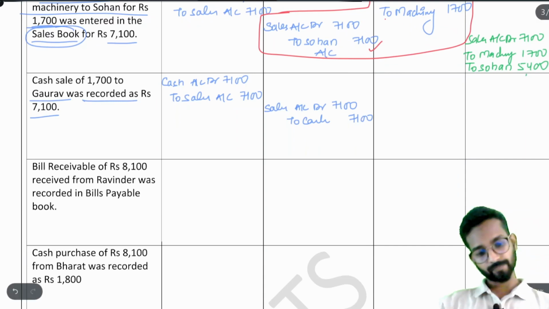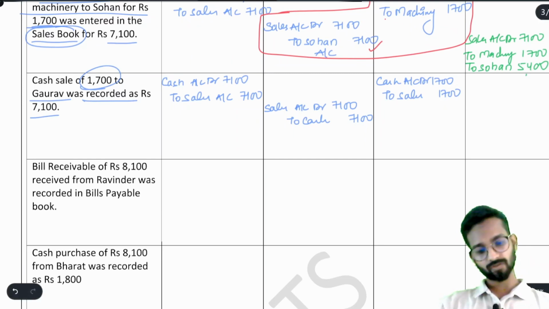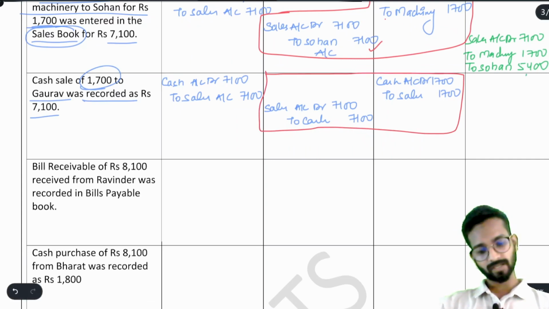Okay, now what's the correct entry? Cash sale was of 1700, so I will write here cash account debit to sales 1700. So this is the reversal, and this is the correct entry. Add both of these. First we will check the debit.